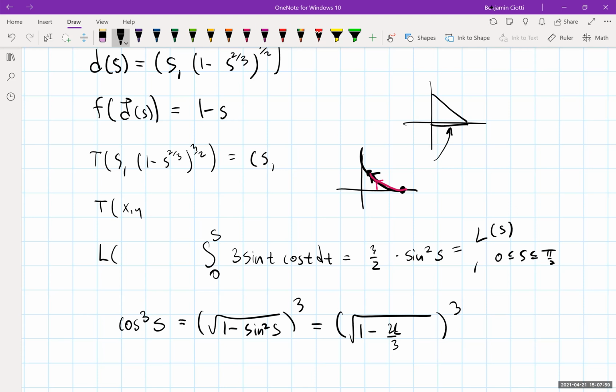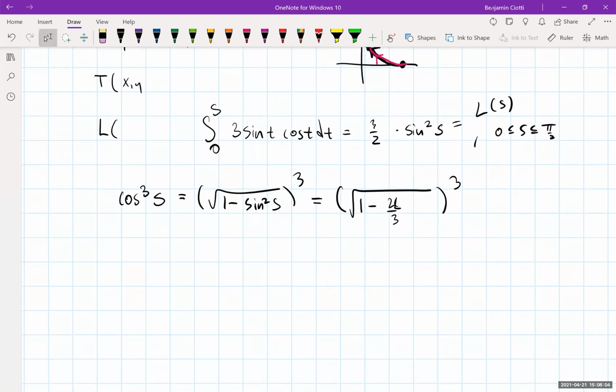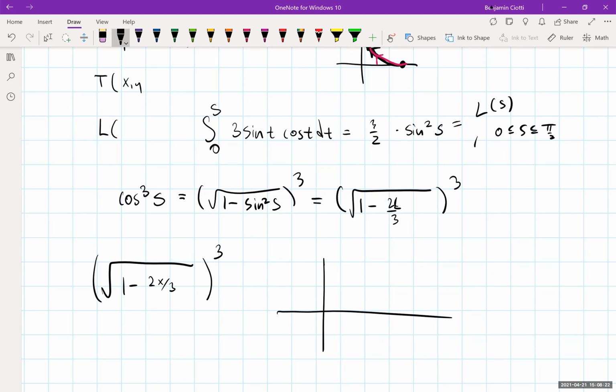Okay, yeah, I think that should be it. So if you plot something like 1 minus 2x over 3, cubed, I think, if I did this right, when x is 3 over 2, it's 0, and when x is 0, it's 1. I think that should look something like that.